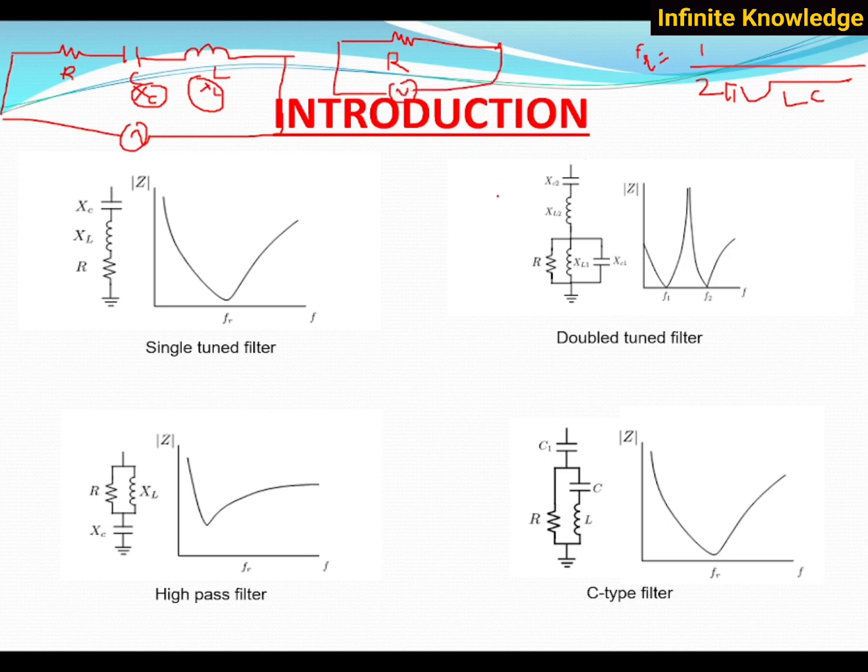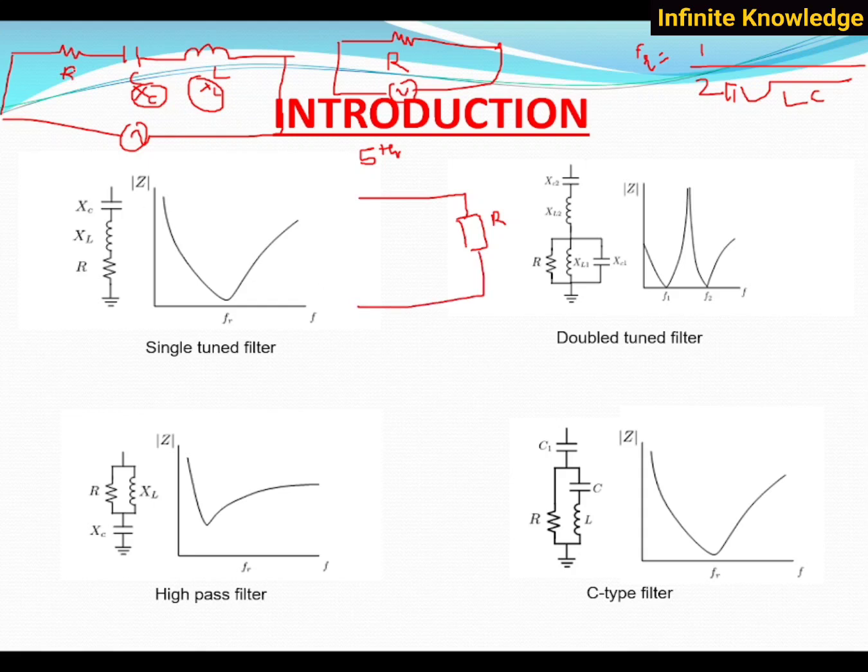So, while I am selecting this filter, say I want to reduce the fifth harmonic from the system. This is my load, and it is creating the fifth harmonic.